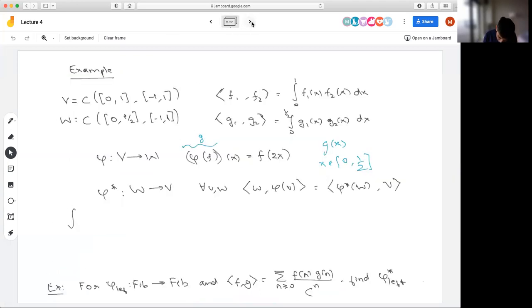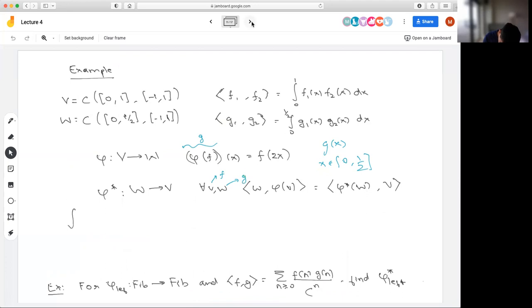Okay, so now let's write down these inner products. Let's think of v as some function f in the first space, and let's think of this as some function g.